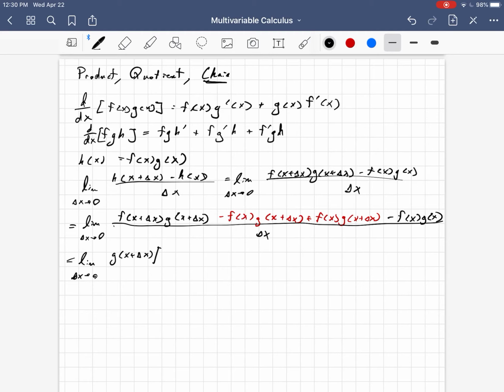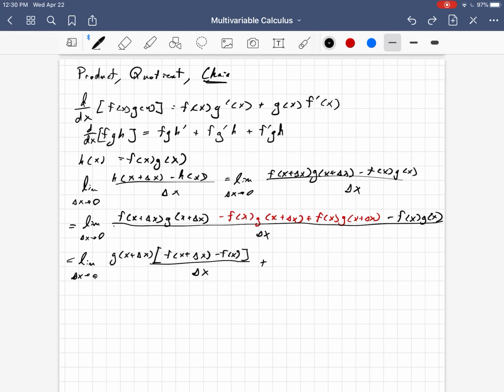I added it because now I can write this as the limit as delta x goes to 0 of g of x plus delta x times f of x plus delta x minus f of x, over delta x. Okay.